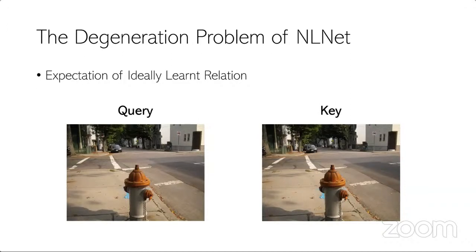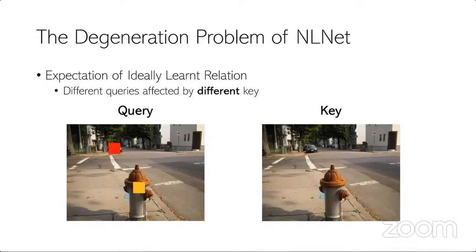In common understanding, the self-attention formulation models pairwise relationship, for example, the dependency between pixel pairs. To learn meaningful pairwise dependency, we expect different query points affected by different key points. This is an illustration. The left image shows 2 query pixels at different locations.